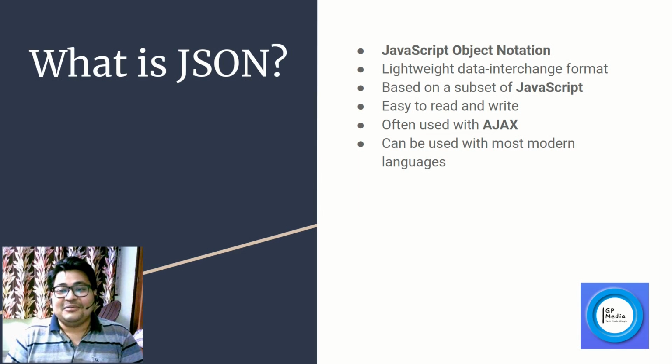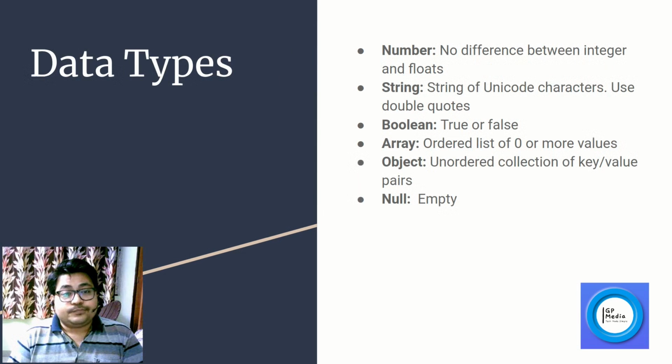This is quite an irony because Ajax was built to work with XML files, but that place has been replaced by JSON, and now almost 95 to 98% of the time JSON is used wherever there is a data interchange through the internet or from server to client. And JSON is capable of working with almost all modern languages like Python, Java, JavaScript, etc. Now let's move on.